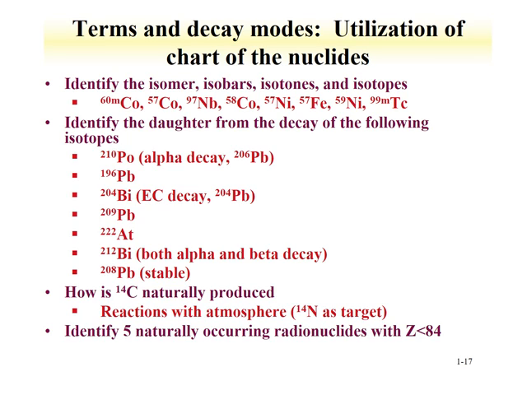You should be able to identify the daughter from the decay of the following. So if you were given an isotope and looked up the chart of the nuclides, you should be able to indicate what is the daughter of that decay. For some, bismuth-212 decays with both alpha and beta, and some isotopes, well, lead-208 is stable. You should be able to identify that it is stable.